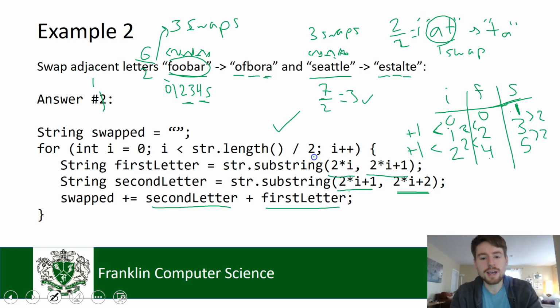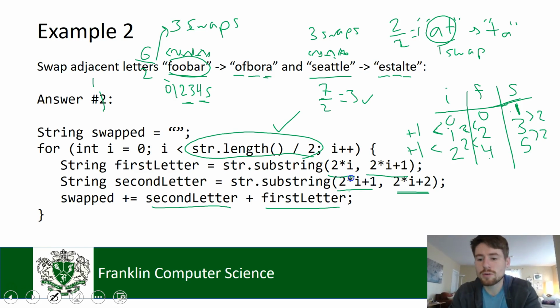So to break this down again, we decided we needed to loop 3 times for foobar, and we wanted to loop 2 times or once for at, and so that's the length of the string divided by 2. Then we made a list out of all the indexes that we needed to access for each loop run. So we listed out all the indexes for I as we went. It was 0, 1, and then 2. And then we listed out what F indexes we wanted for the first letter and what the second letter indexes were.